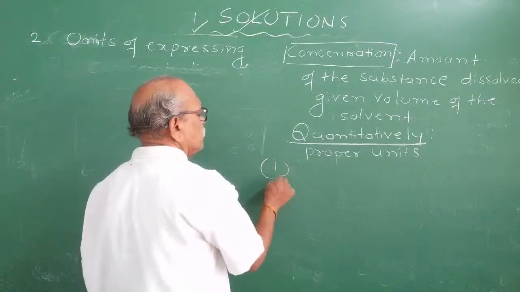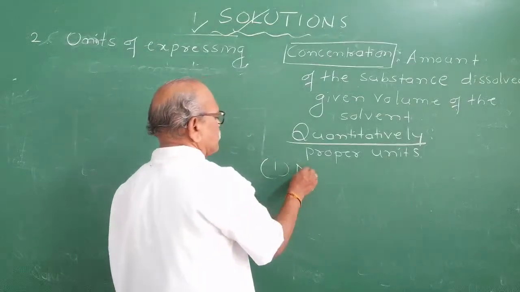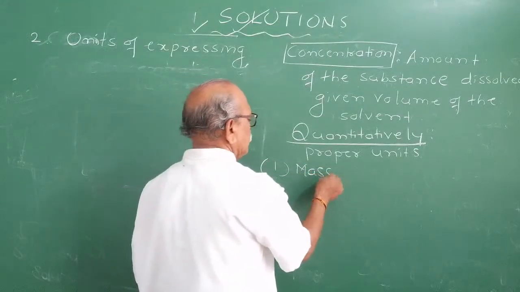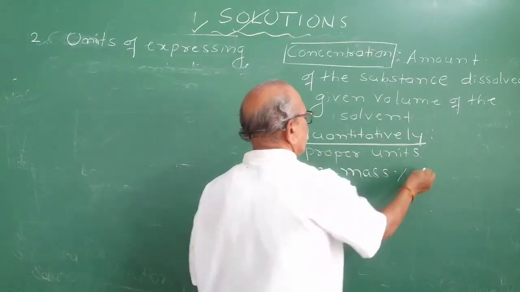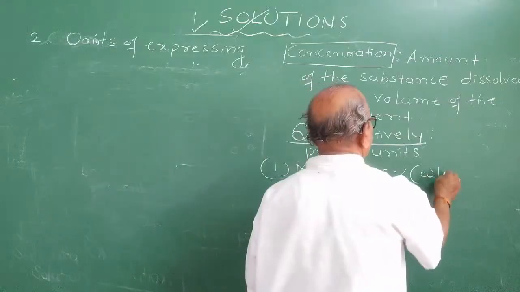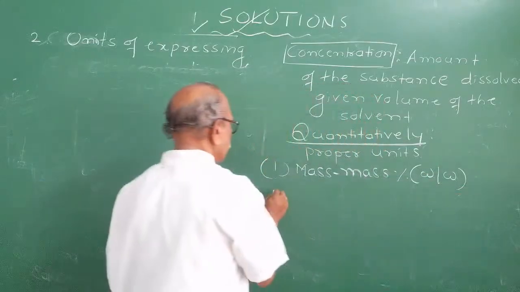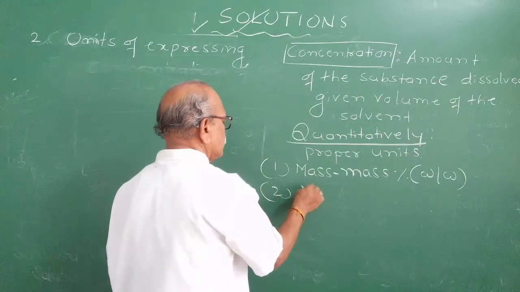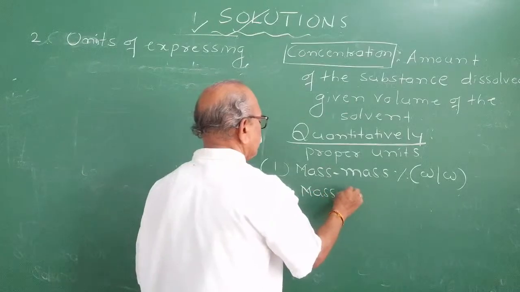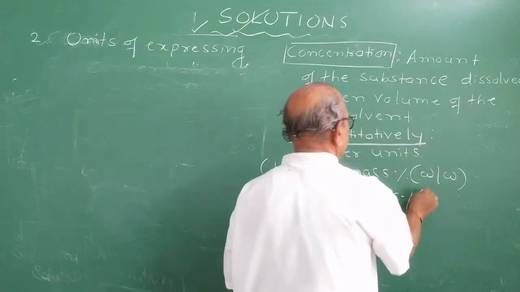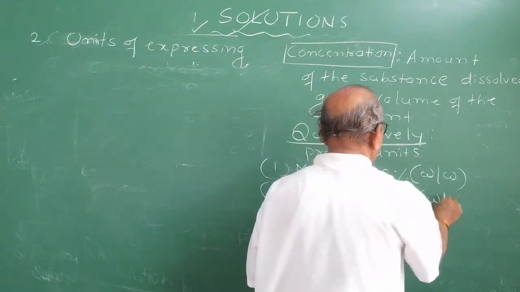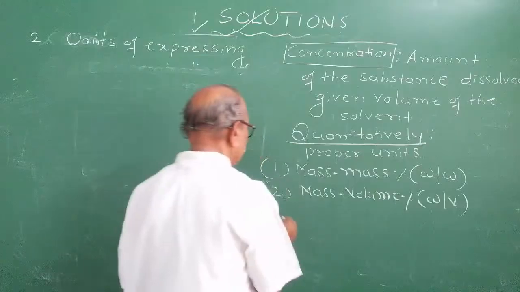The first one is mass percentage. You can write it as W by W. Second one is mass volume percentage. You can write it as W by V in short.